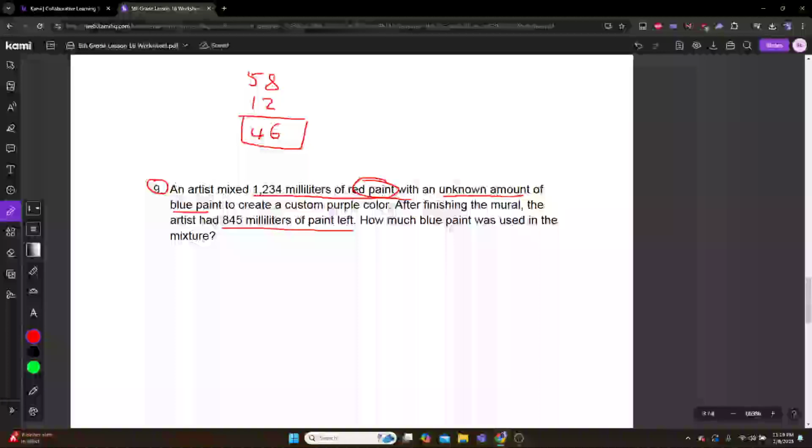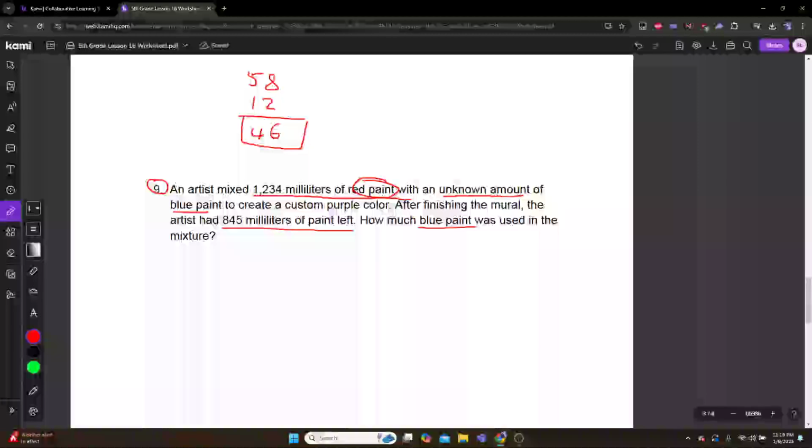So basically, they're asking how much blue paint was used in the mixture. The logical approach here would be to subtract these numbers because we're trying to find out how much paint was taken away. So how much blue paint was used.